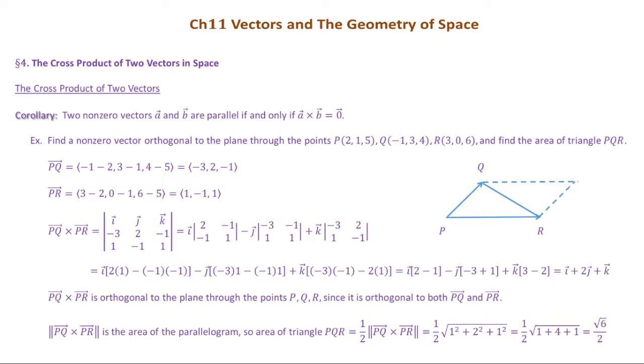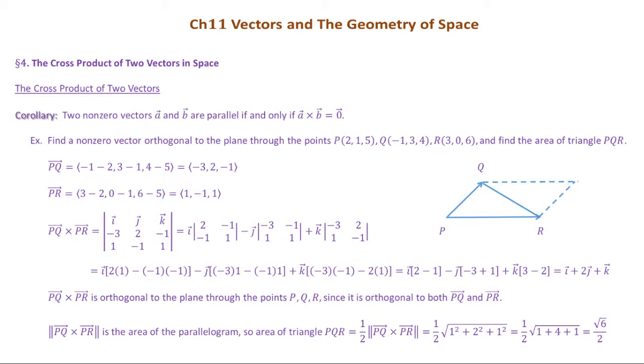But the magnitude of A cross B is just the magnitude of A times the magnitude of B times sine theta. So you get either sine 0 or sine 180 degrees, which is 0. Both are 0, so you get the zero vector when you do the cross product.